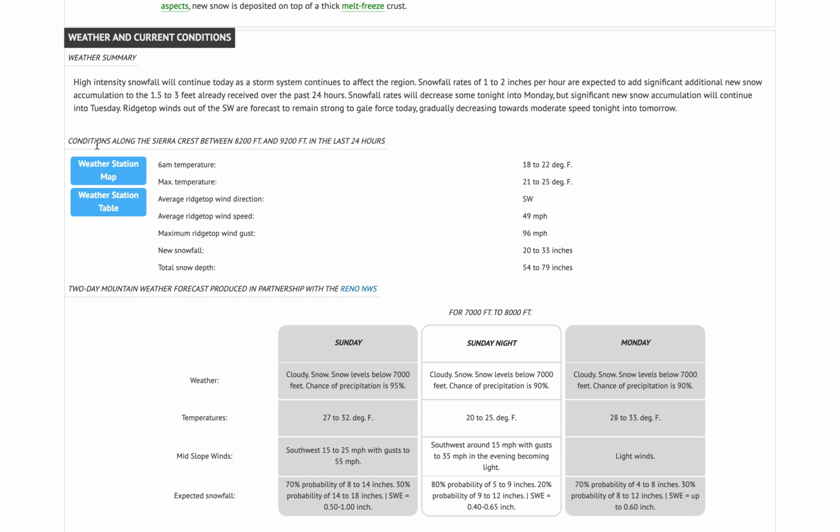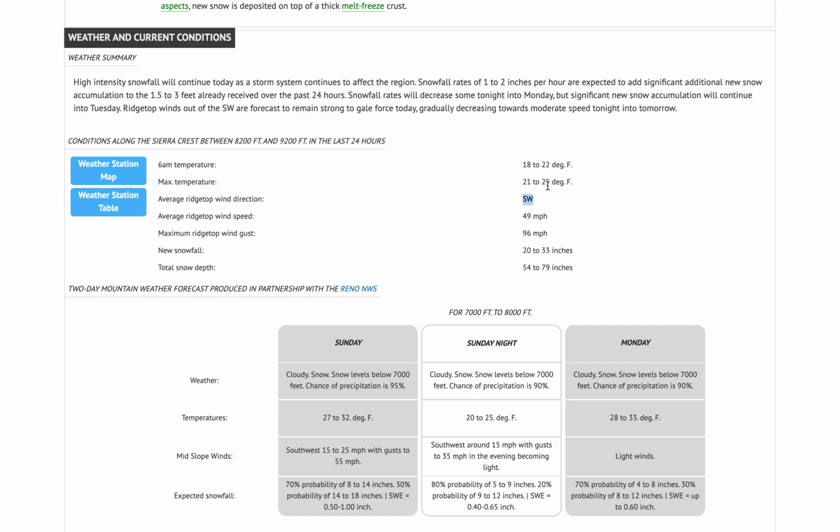Then you have the weather section. Again, this is basically a 1-paragraph synopsis of what the weather is going to do the next day, or that day, I guess. And then this is actual weather stations. So 6 a.m. temperature. Most avalanche forecasts are posted at 7 a.m., so this is an hour before. You can see the temperature, the maximum temperature in the forecast area, and ridgetop wind direction.